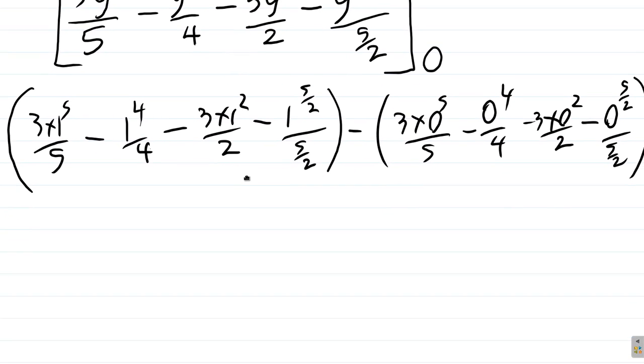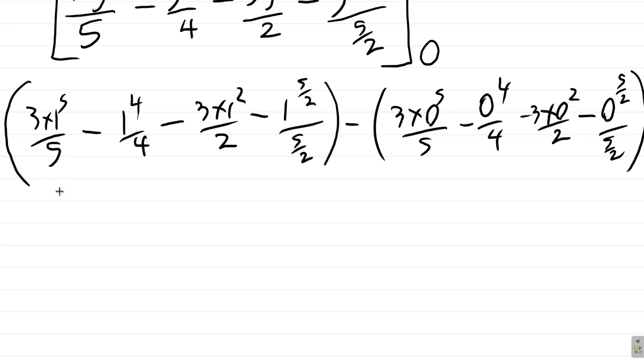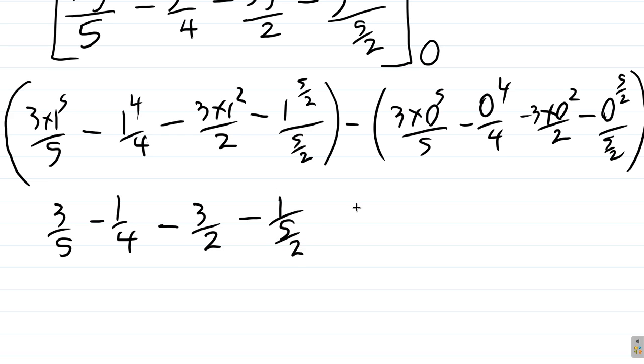See that? Now, 1 to any power is just 1. So all of these are multiplied by 1. So it's 3/5 minus a quarter minus 3 halves minus 1 over 5 divided by 2 minus, what happened along here is 0. This is all zeros, right?